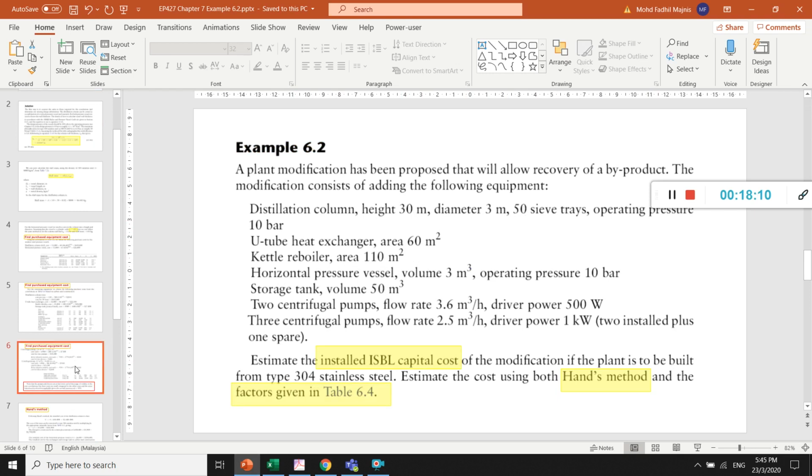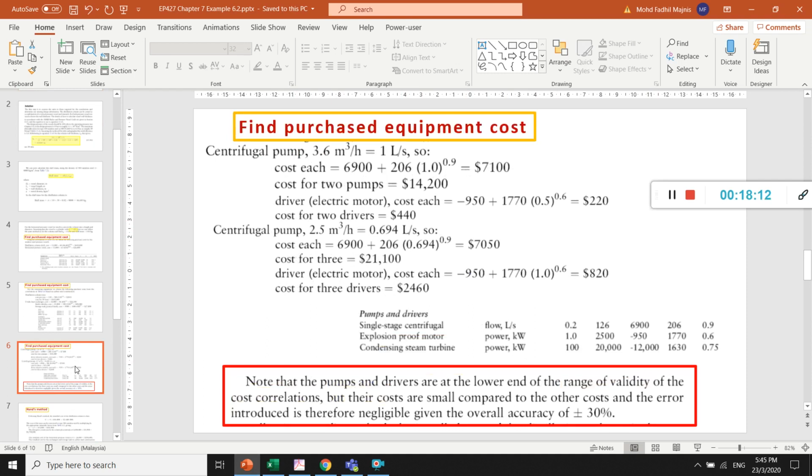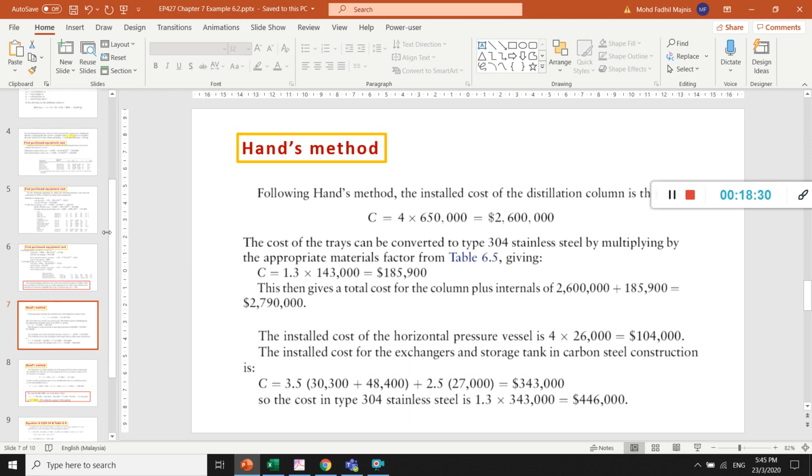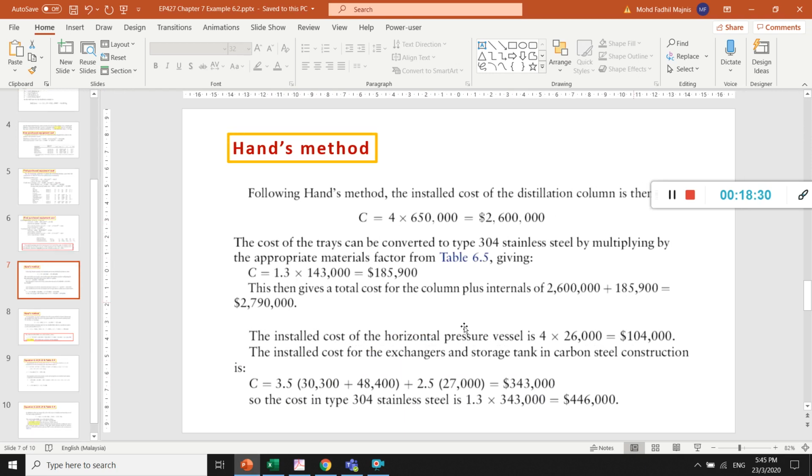The table we referred to previously, the purchase cost, is all based on carbon steel unless otherwise mentioned. So that's why we need to include these material factors also. The material factor is 1.3, table 6.5.